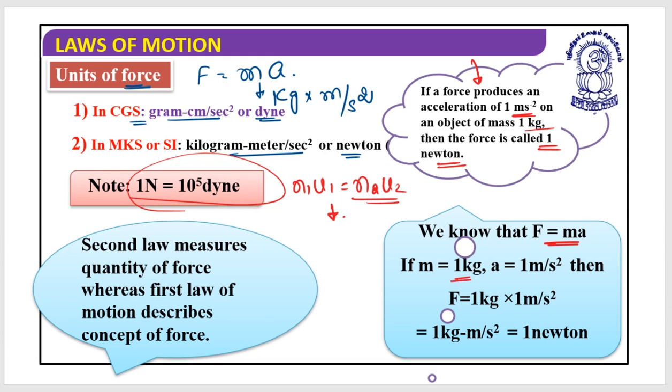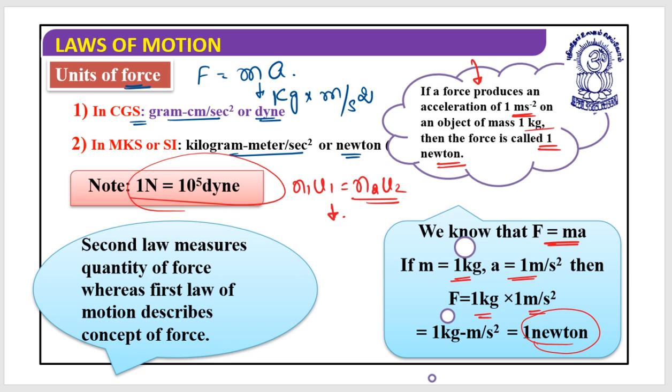If mass is equal to 1 kg and acceleration is equal to 1 meter per second square, then I can write F is equal to m into a. This is equal to 1 kg multiplied by 1 meter per second square, and 1 kg into 1 meter per second square is 1 Newton. So this is 1 Newton. Yes. Is it clear?